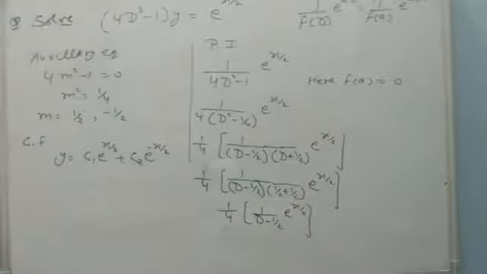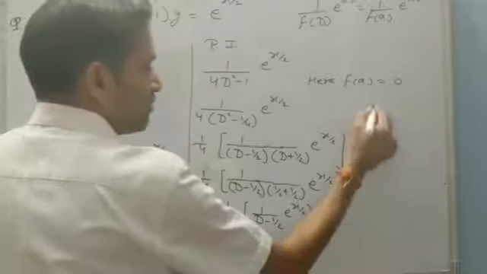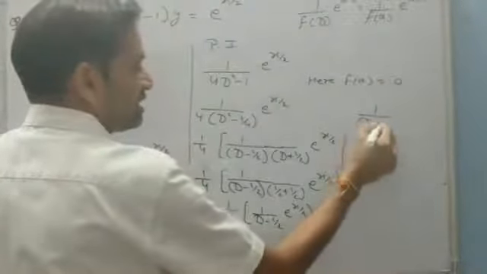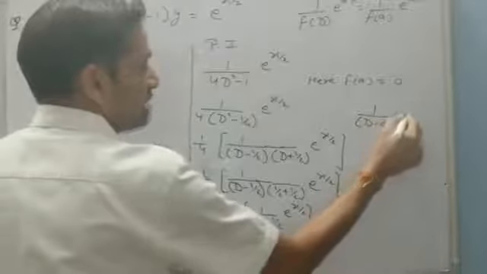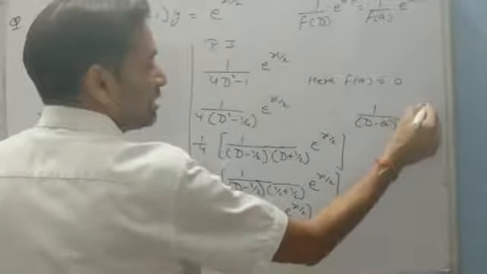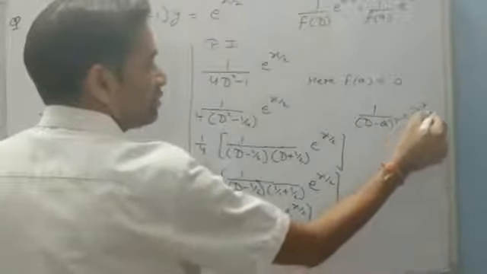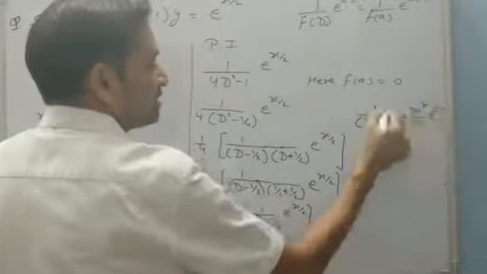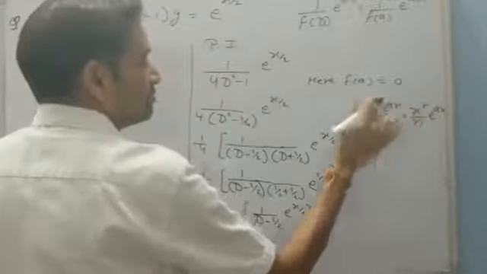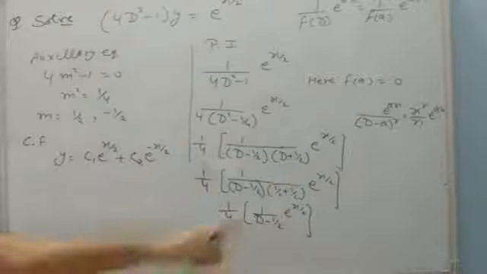Now as I wrote in the previous, the important formula, that is 1 upon d minus a to the power r is equal to x to the power r upon r factorial e to the power ax. Apply this rule here.